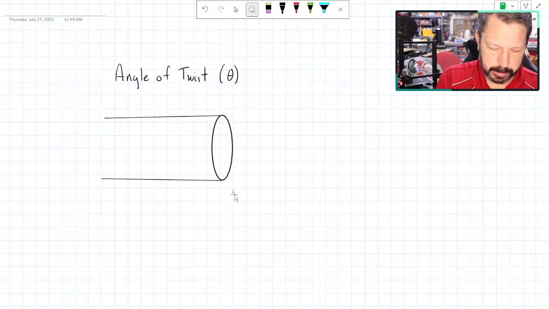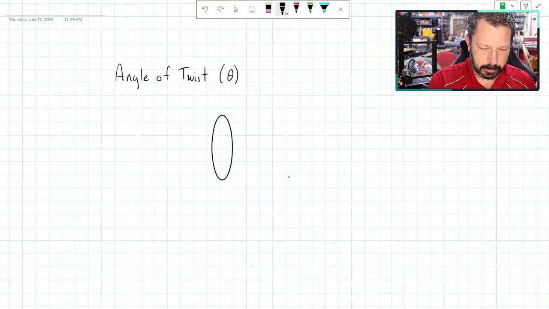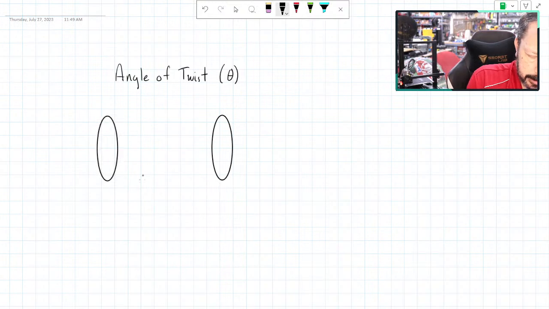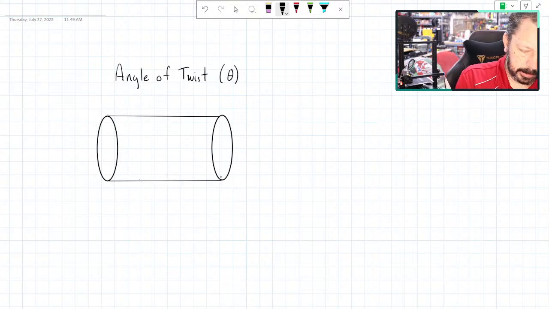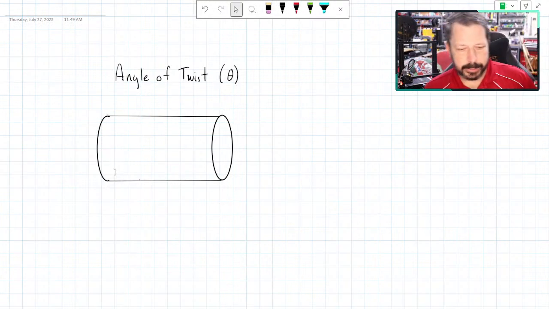Let's have two of these guys. Something like that, and let's say that we're looking at it this way. Okay, so here's our stubby little shaft.